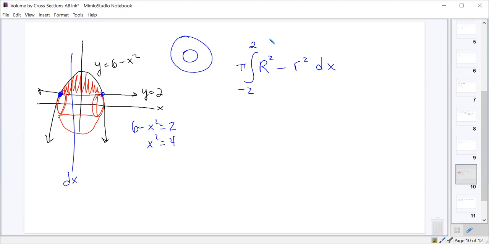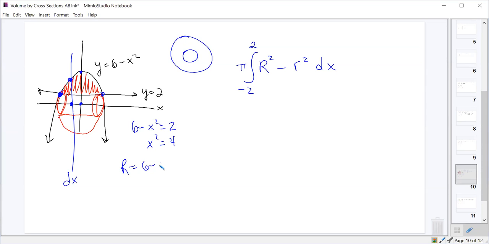And then we need to find our outer radius. Our outer radius measures from the x-axis up to this function, right? If I'm right here, it's this height. If I'm at the origin, it's all the way up to 6. It's the height of our function itself, 6 minus x squared.